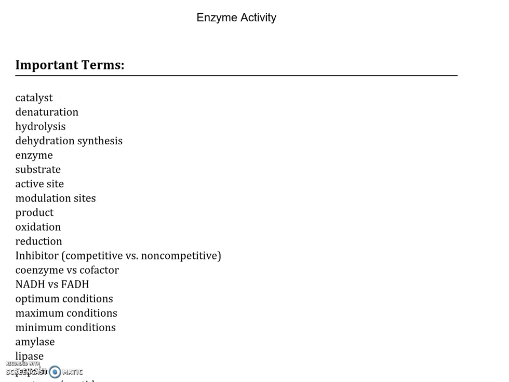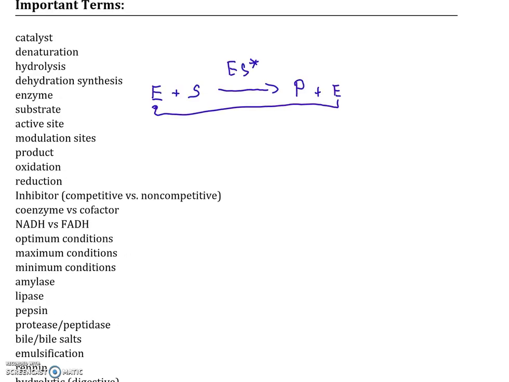An enzyme is a biological catalyst, and it speeds up a chemical reaction. It's very specific to its substrate. So the general equation that we use for an enzyme reaction goes as follows. The enzyme binds to the substrate, and this is a very specific kind of interaction.